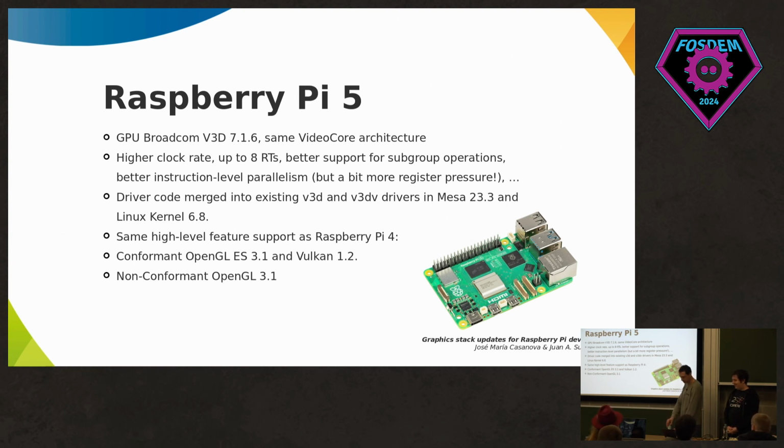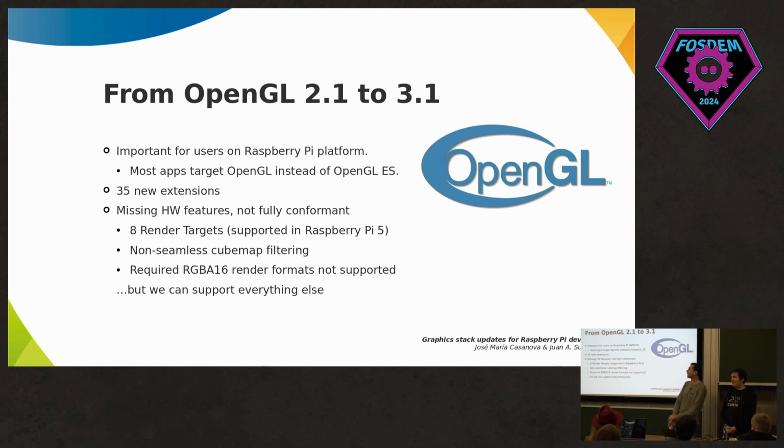From the point of view of the drivers in Mesa, in the OpenGL driver, one of the important things was that we promoted from OpenGL 2.1 to OpenGL 3.1, with some caveats. I'll explain later. I think this is quite important because at the end, the Raspberry Pi is intended to be used as a desktop PC in most cases.